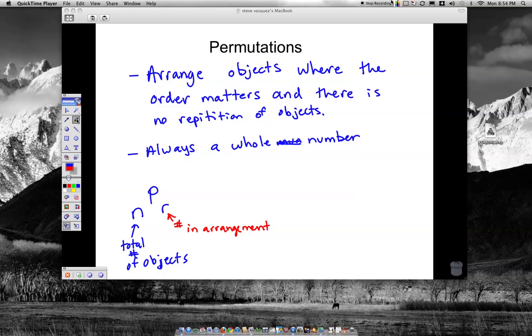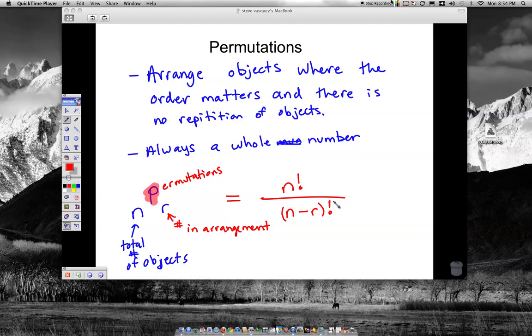And the big P represents what we're talking about, and we are talking about permutations. So the formula that you're going to use is n factorial divided by n minus r factorial.